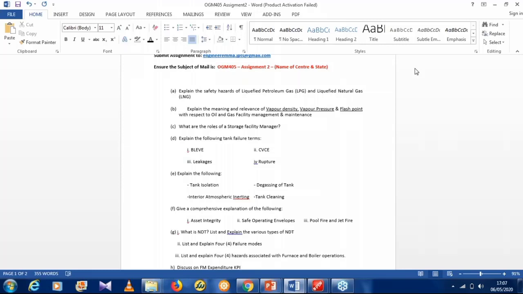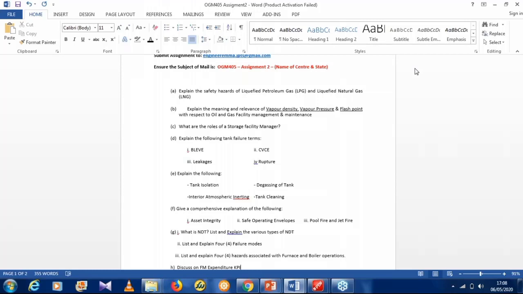This kind of loss of containment can be described as leakage, or in some other cases rupture, or in other cases where we now have a heat source. You know, there are three things that are needed for fire to occur.